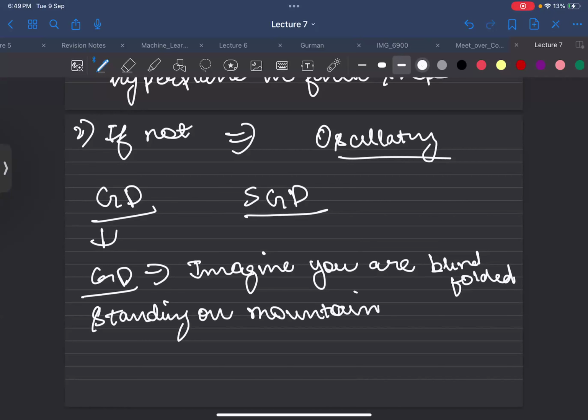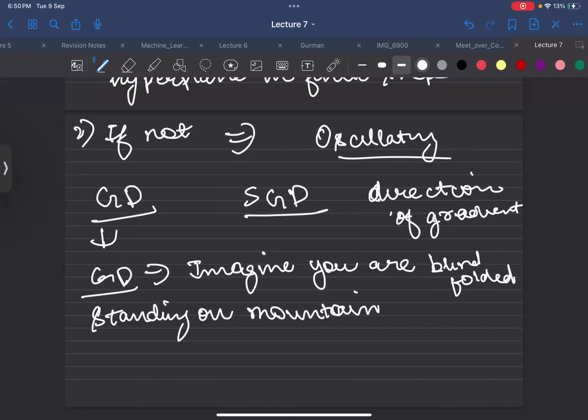Basically, gradient descent and stochastic gradient descent are the steps I have to take in the direction of the gradient. Maybe I'll write this layman language first, then I'll come to the gradient and everything.